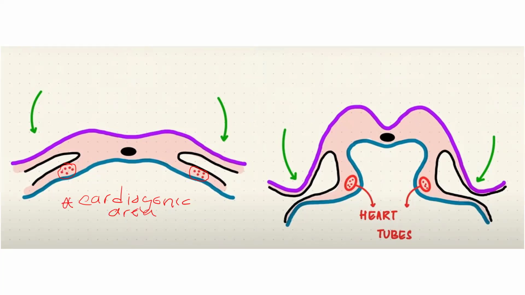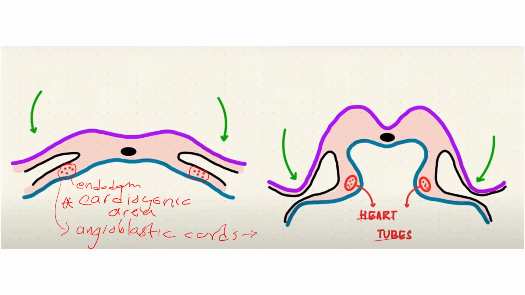So the splanchnic mesoderm in this cardiogenic area is induced by the underlying endoderm to form a cluster of cells known as angioblasts. These angioblasts fuse to form angioblastic cords. Then these cords canalize to form the heart tube.